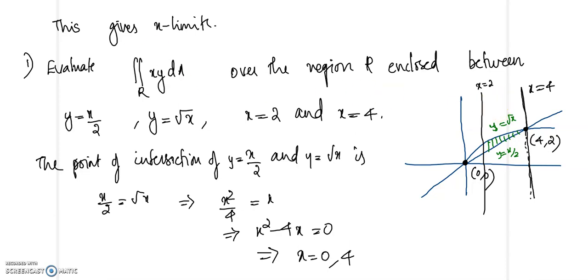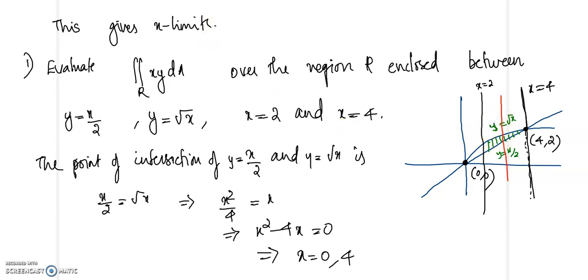When we take a vertical line, the curve it intersects at the top is root x, and at the bottom is x by 2. Moving the line to the left, the minimum point it touches is x equal to 2, and the maximum point is x equal to 4.